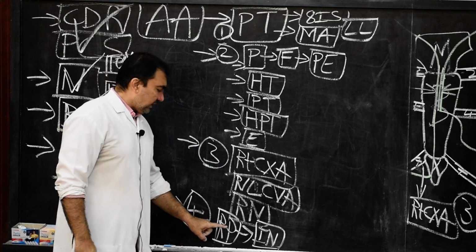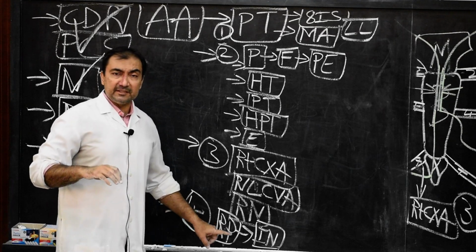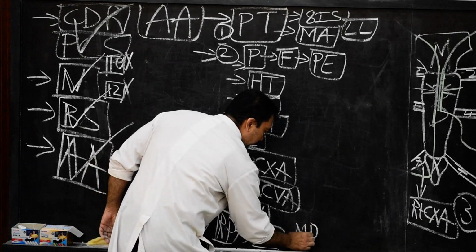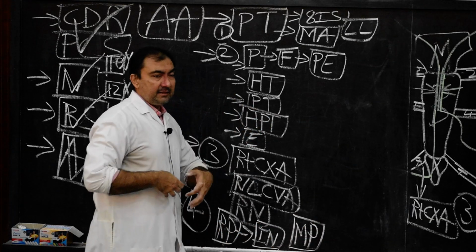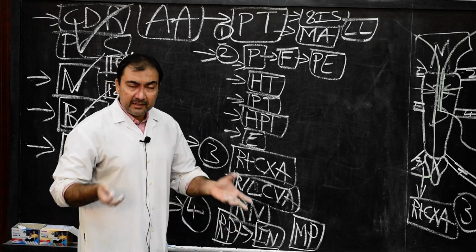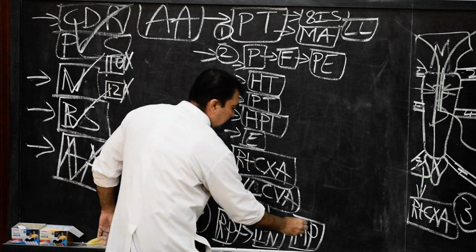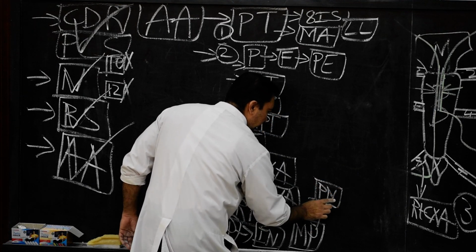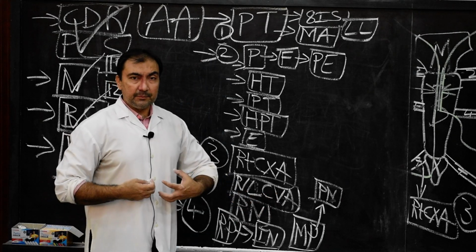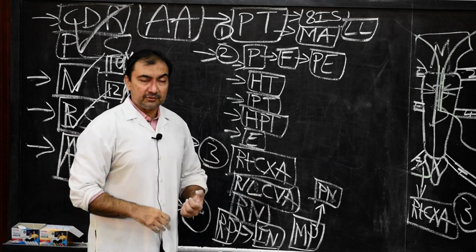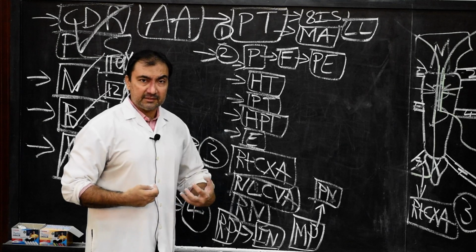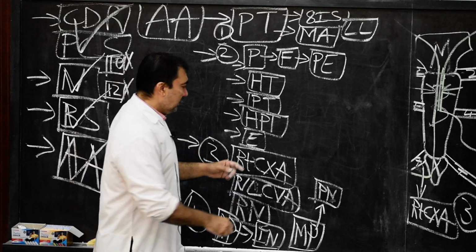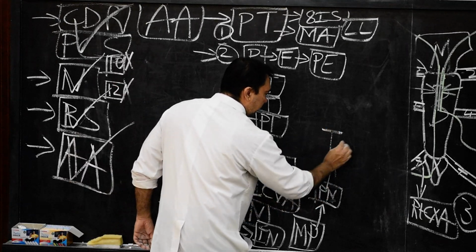In the same way, any irritation of the mediastinal pleura or the central part of the diaphragmatic pleura, which is supplied by the phrenic nerve, will be referred along the phrenic nerve, and the pain will be referred to the tip of the shoulder.